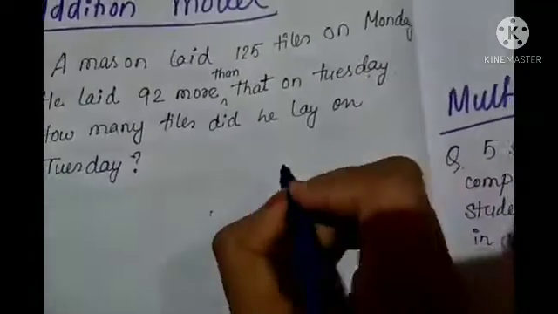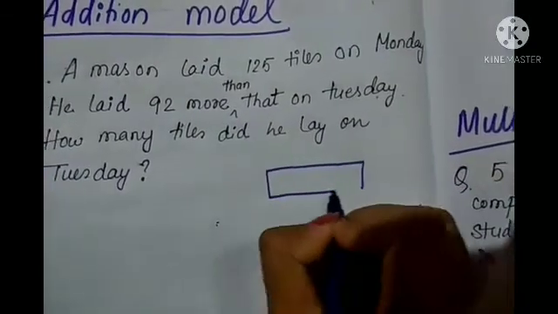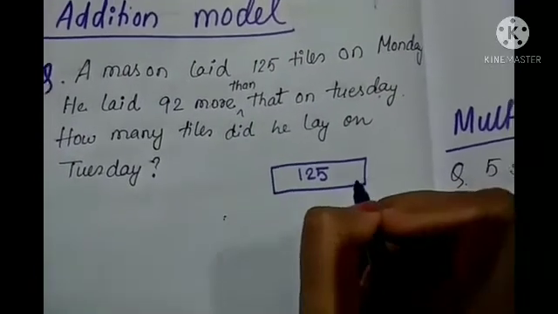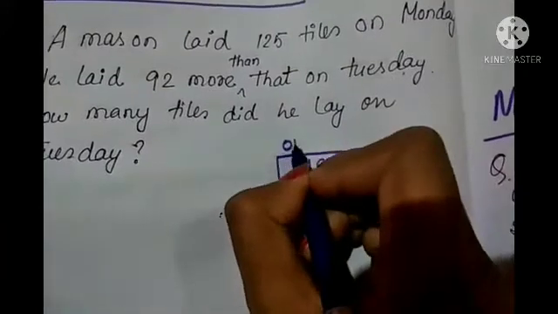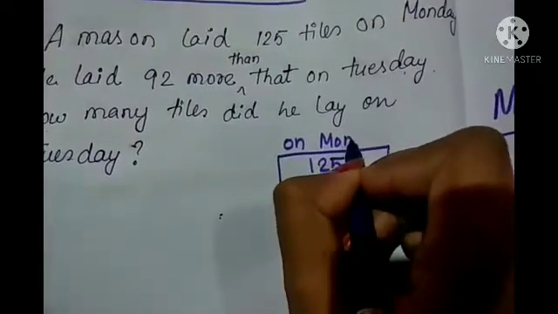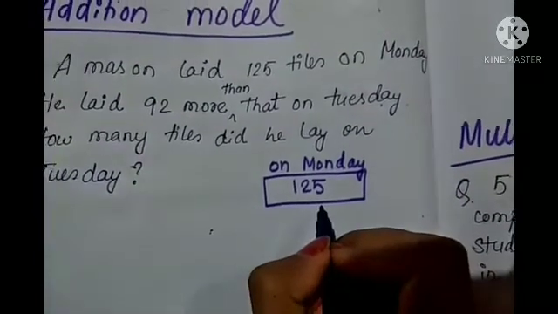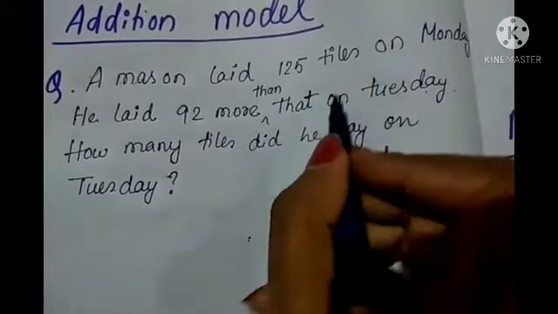Okay, so let's draw. It is given that on Monday he laid 125 tiles, right? So this one is done. Now above you have to write that this is on Monday, so this information is on Monday. Then he laid 92 more than that on Tuesday.